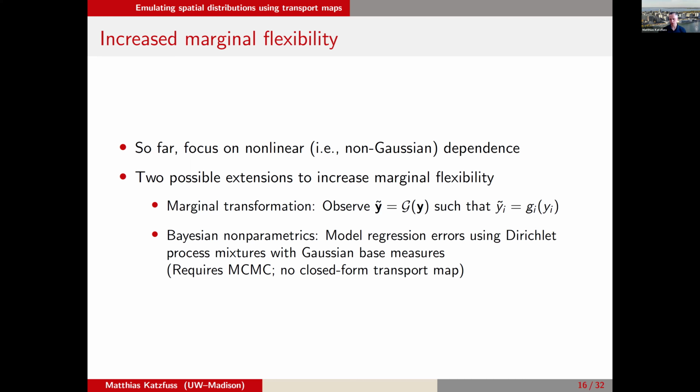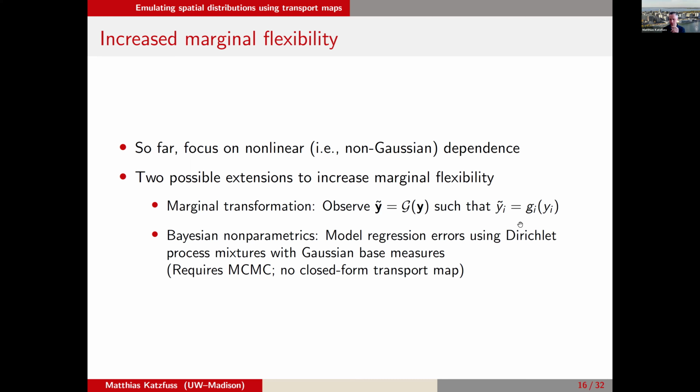And so there are ways of extending this approach in various ways to get to a point where we can handle marginal distributions that are potentially far from Gaussian. One way would be to marginally transform each of the yi's with some function, say gi, to be more Gaussian.